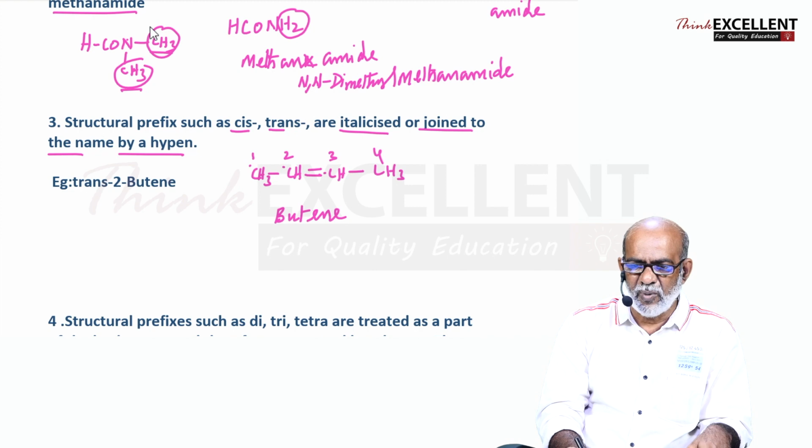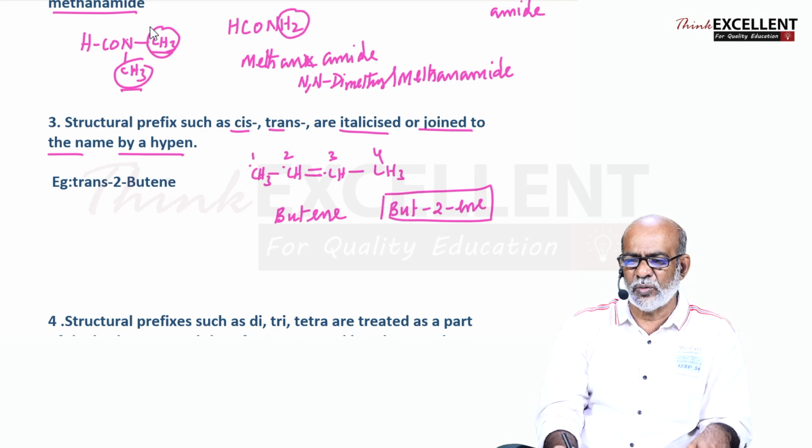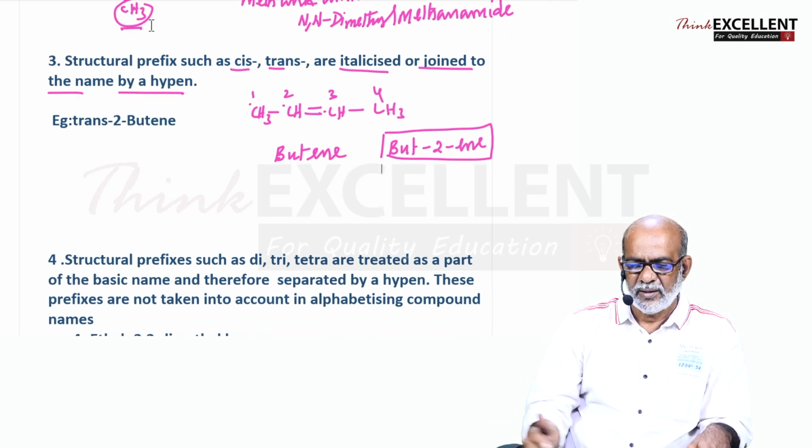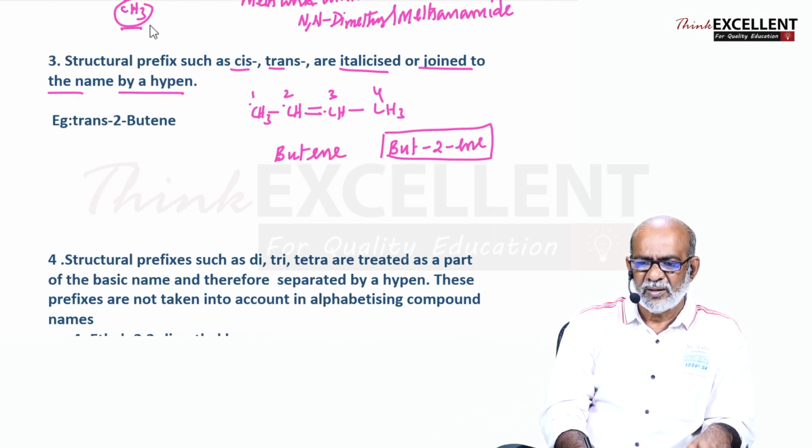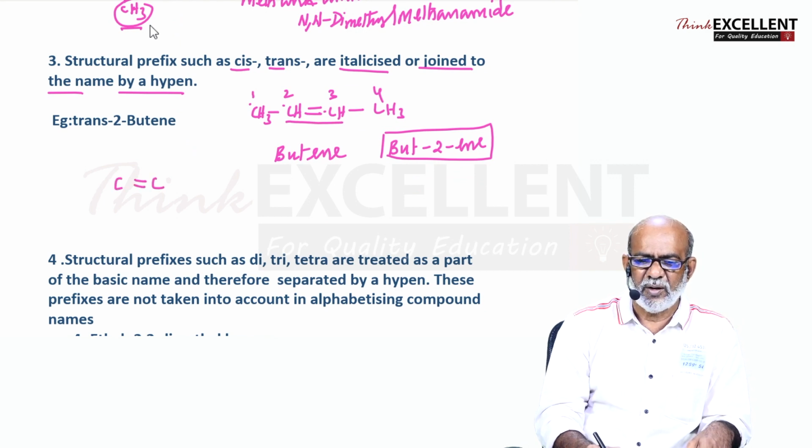But the double bond is present at the second carbon. That's why but-2-ene, or 2-butene, whichever is correct. This is but-2-ene. Now you see, here I take the second and third carbon, between which the double bond is present. Now the carbon always needs 4 bonds, so I write the remaining 2 bonds like this.